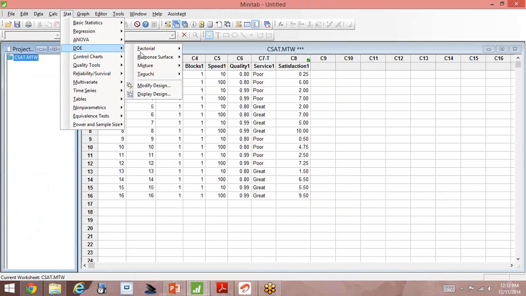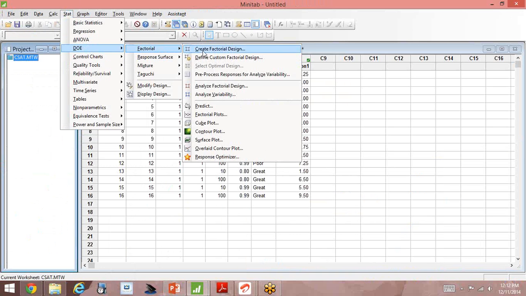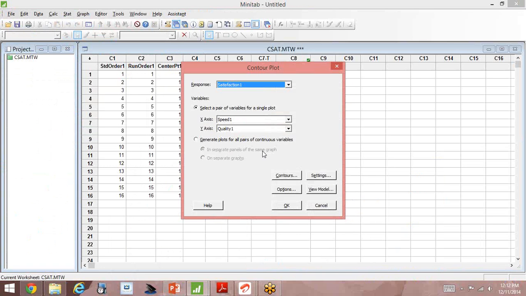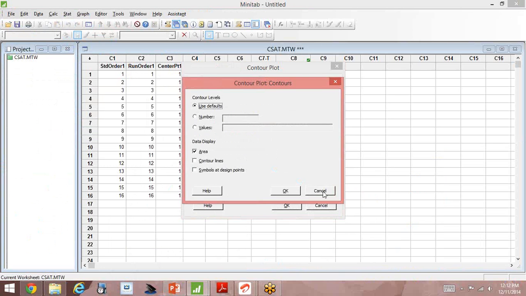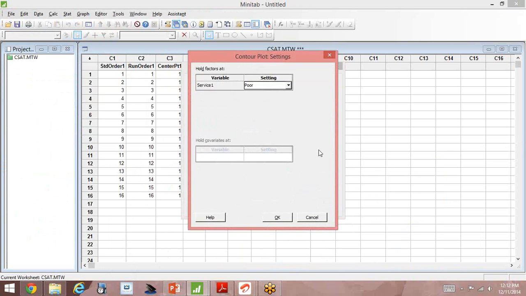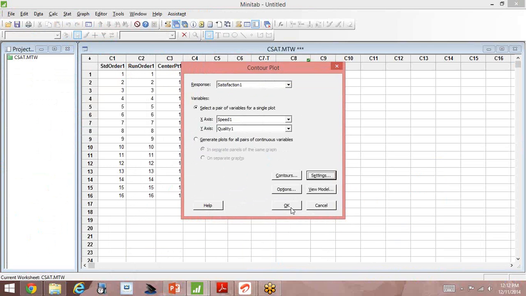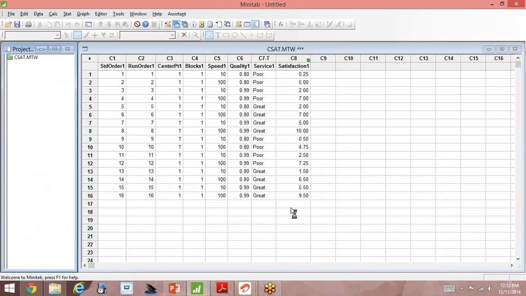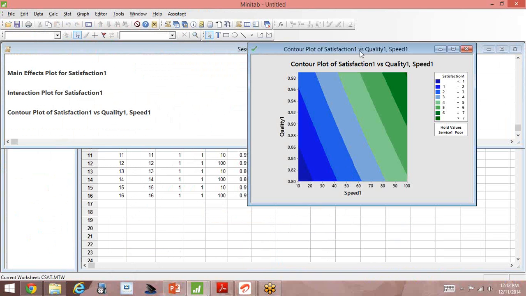Stat, DOE, Factorial, Contour Plot. You just need to click on contour. These are the things that are already mentioned here. You can go to settings, surfaces for, you can do all of these things and just click on OK. It will produce this contour plot.